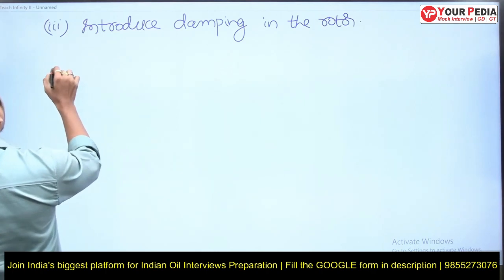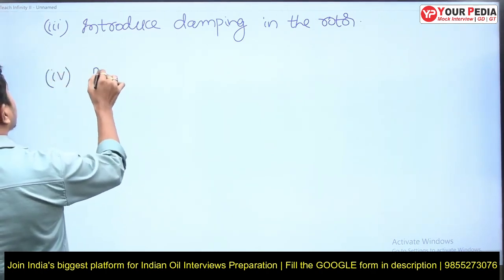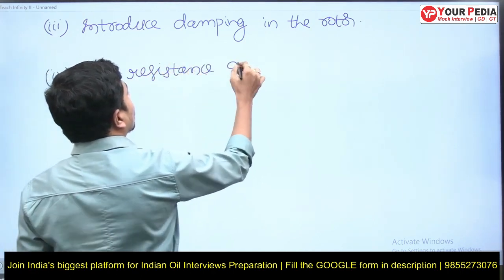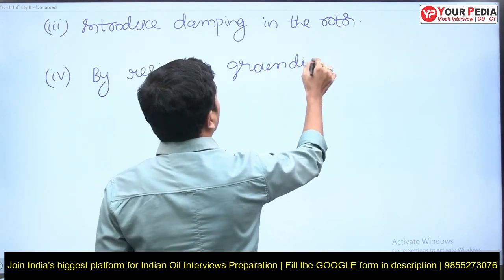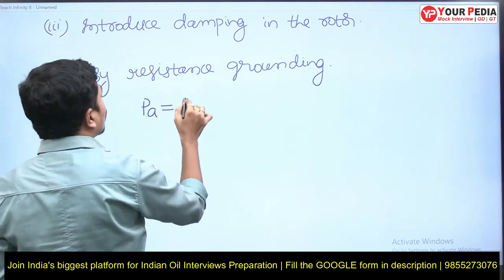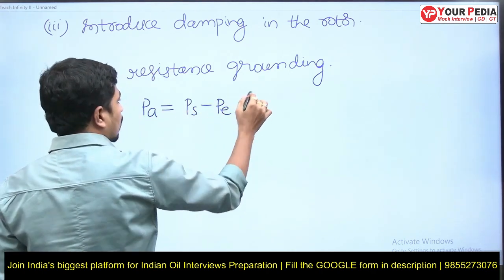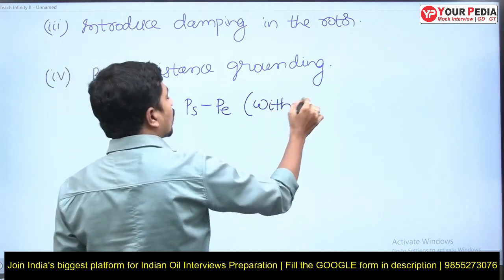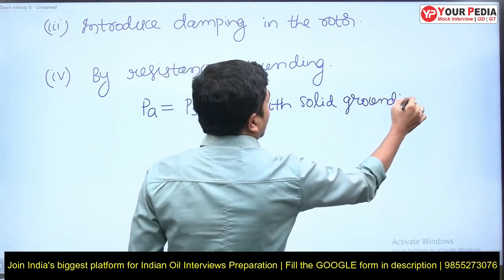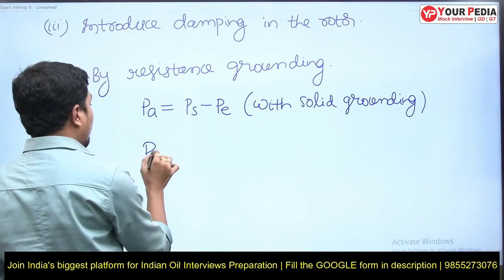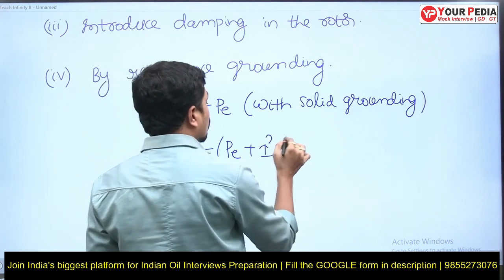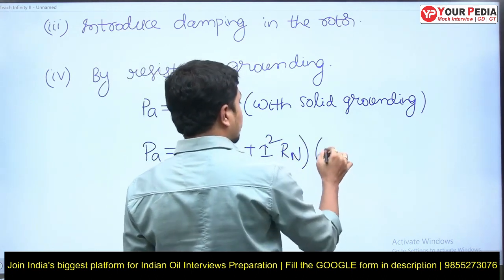The fourth one is resistance grounding. I'll show you how resistance grounding will improve stability. Without resistance grounding, Pa is equal to Ps minus Pe. With resistance grounding, Pa is equal to Ps minus Pe plus I square Rn.